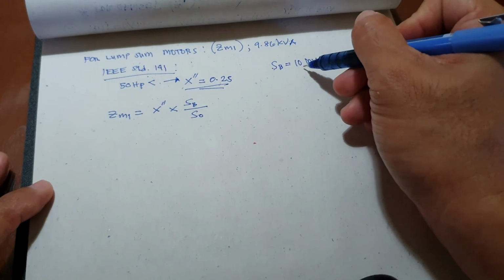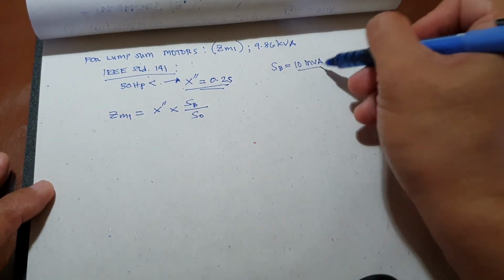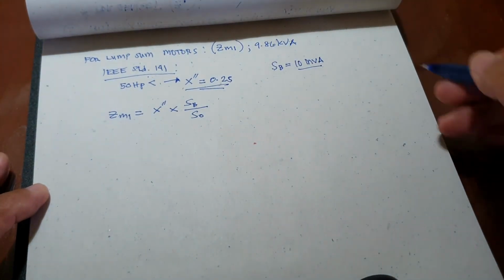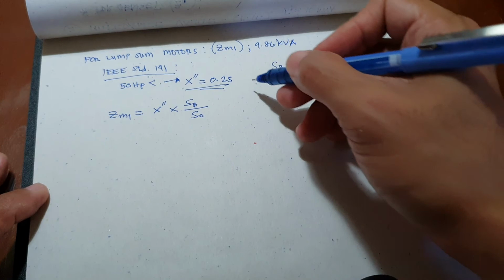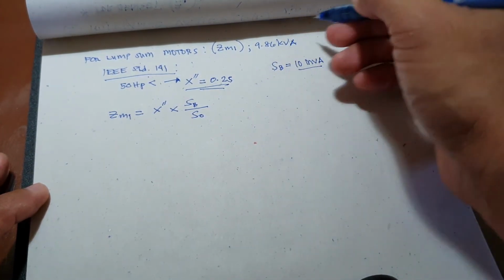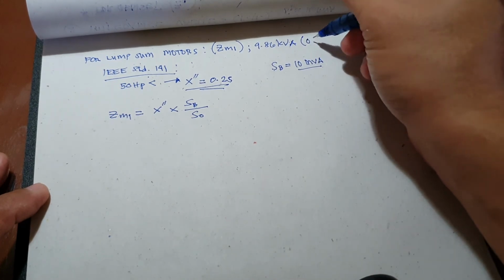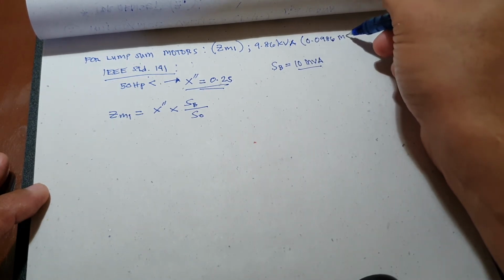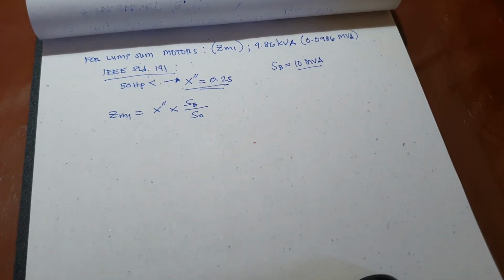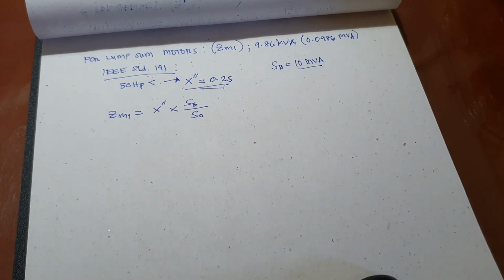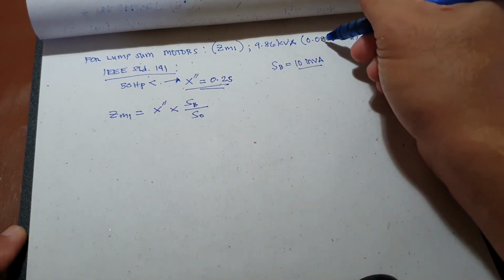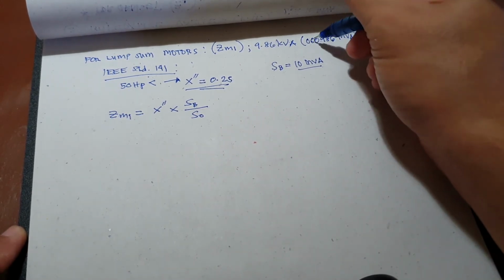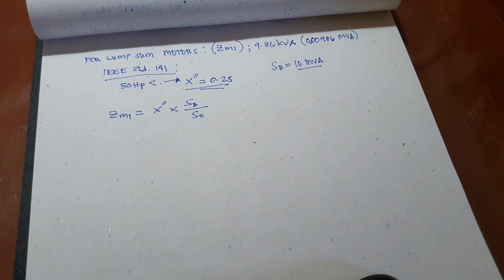Whereas SB is the assumed 10 MVA, and the SO is the rating of the motors, which is 9.86 kVA or 0.00986 MVA.